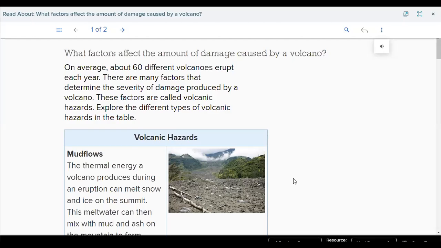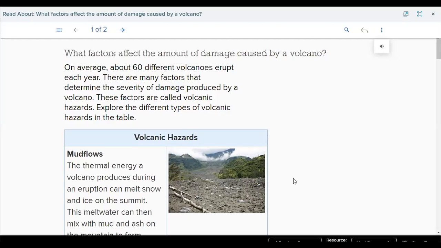There are many factors that determine the severity of damage produced by a volcano. Yes. These factors are called volcanic hazards. Explore the different types of volcanic hazards in the table.